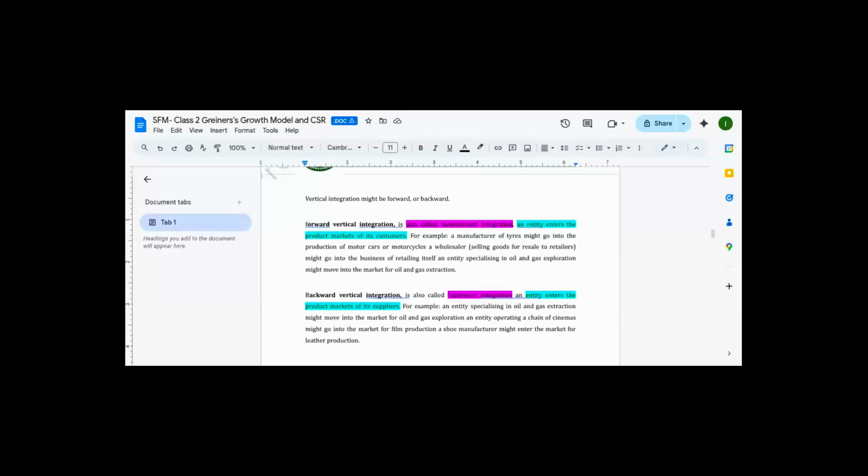Another good example is a situation whereby our customers buy a product from us, repackage or not repackage it, and sell to the final consumers.